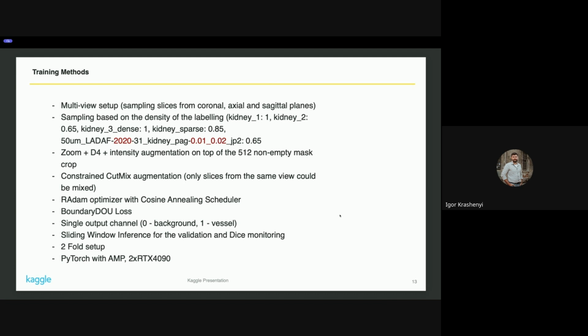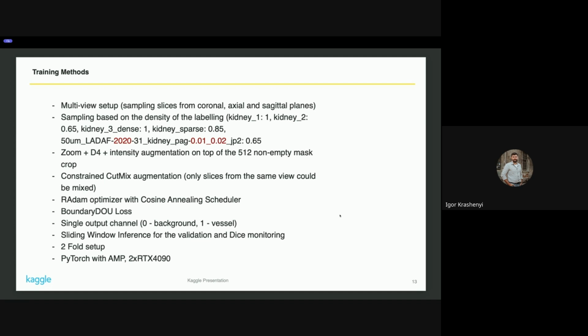Heavy intensity augmentation also helped a lot to minimize the difference between the leaderboard and my validation. I was also sampling only crops from areas that had a non-empty mask for the 2D approach.